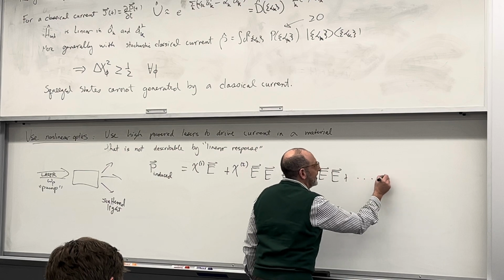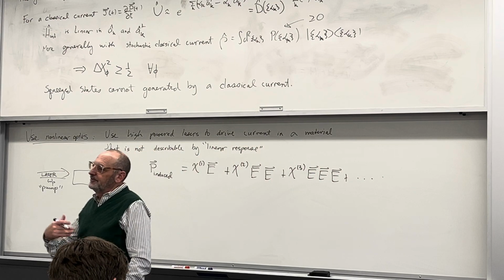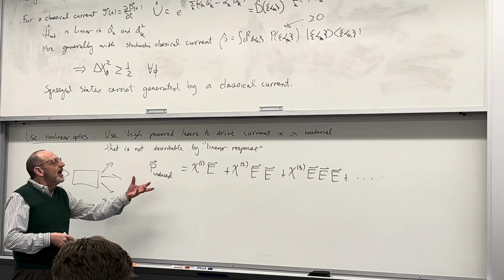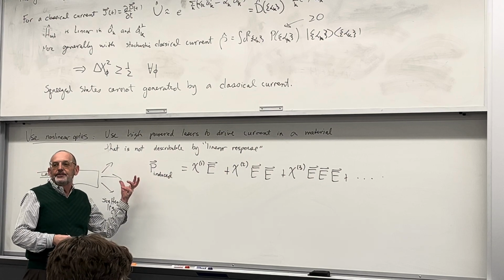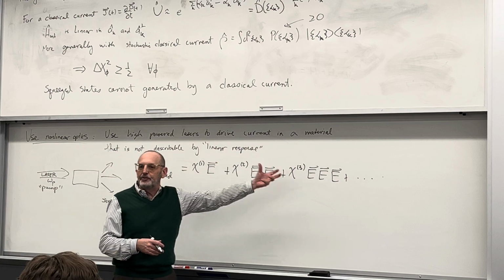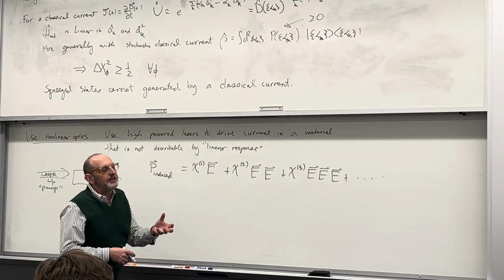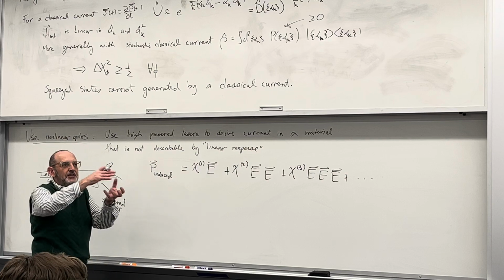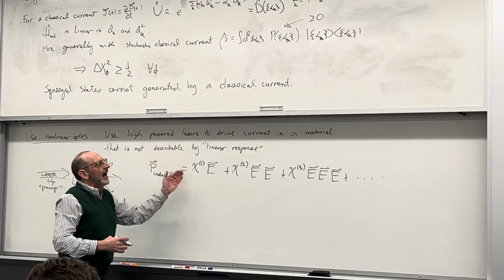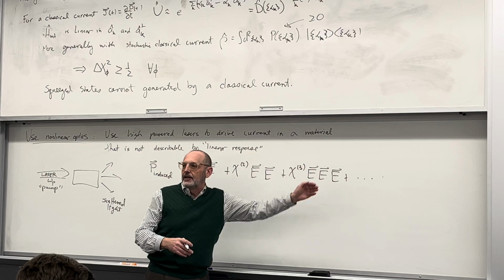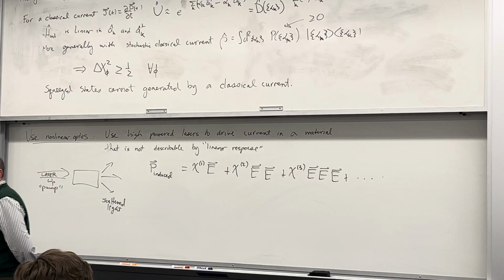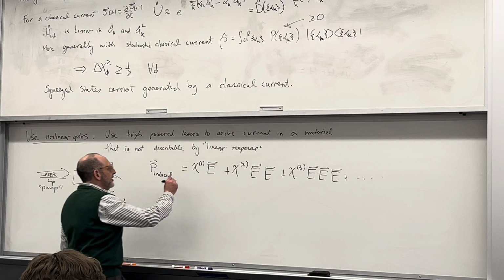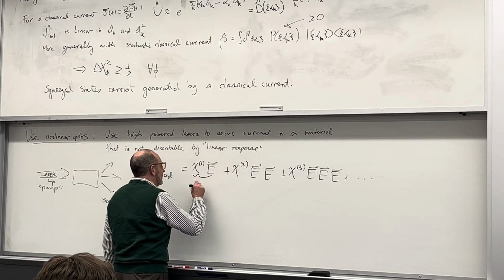et cetera, okay? So this is saying that in some approximation, I can say that there is a Taylor series expansion in which the induced oscillating polarization or dipole density has different powers in the amplitude of the fields, okay? Now, this response is linear optics.